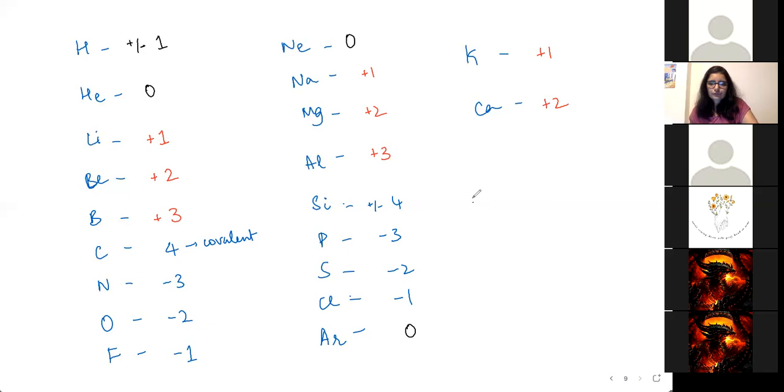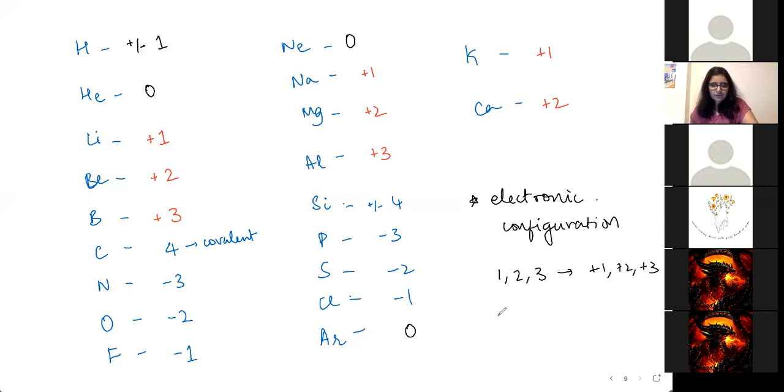Absolutely. So there's something called electronic configuration. Do you guys know about it? Yeah. So if you know electronic configuration, then it's pretty easy. If in the last shell there are 1, 2 or 3 electrons, then it's always directly +1, +2, +3.